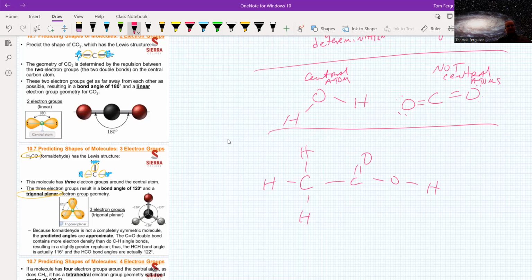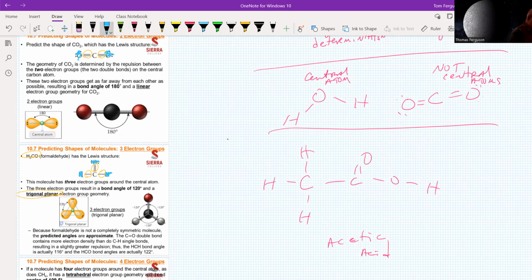Okay, let's look at this as acetic acid. So how many central atoms are there? Here we have two, we have three. Let's look at that carbon there.